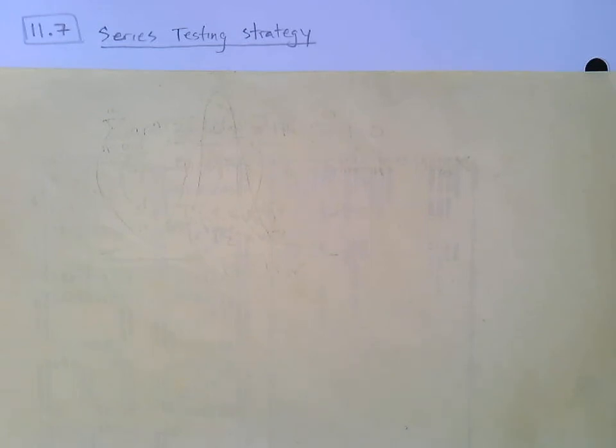Now, as a disclaimer, there are series that could be figured out, whether they converge or diverge, from multiple different tests or perspectives. That's possible. Usually, though, it's not. Usually there's one test that we want to go with.